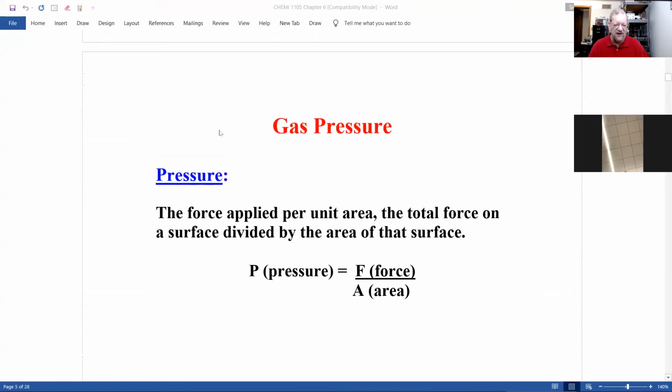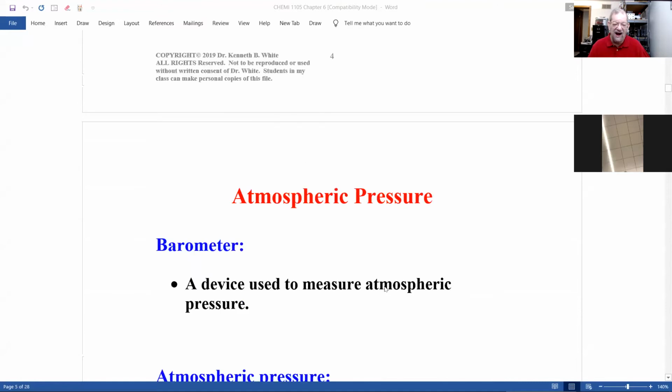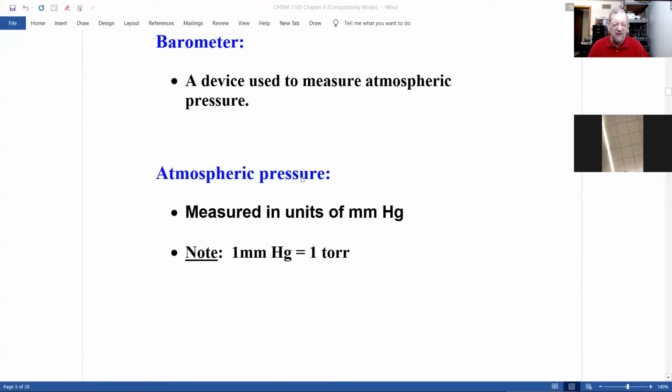And the pressure, which I'll never ask, is force per unit area. And how do you measure that? With a barometer. And what the barometer measures, do you have one in your house? I have them. Is what we call atmospheric pressure.